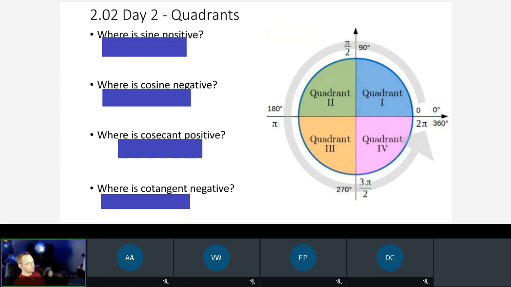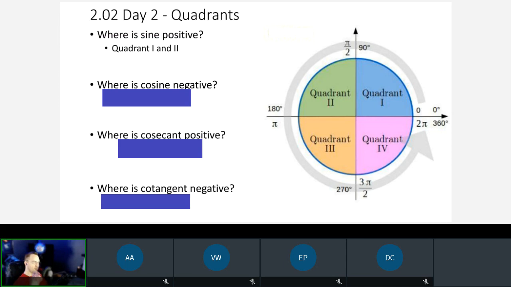So my question to all of you, sine is what variable? Y. So I'm asking you, in which quadrants is the y value positive? 1 and 2. Yep, 1 and 2.